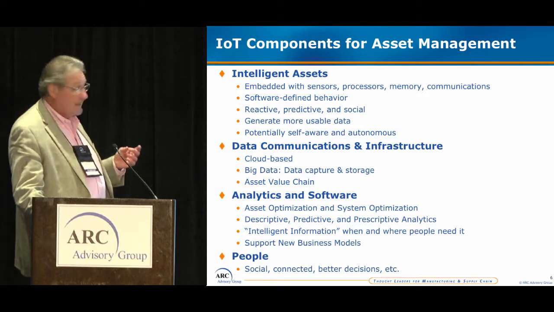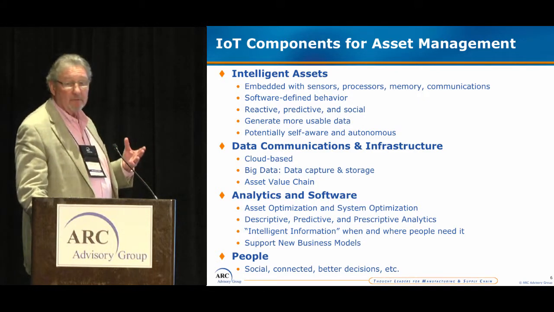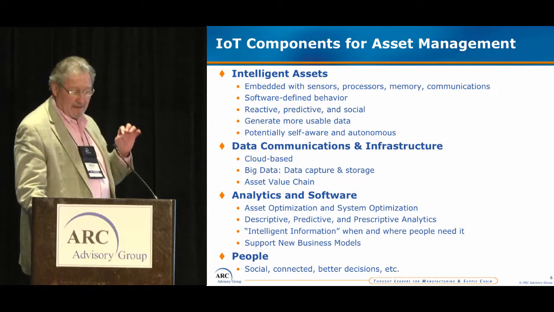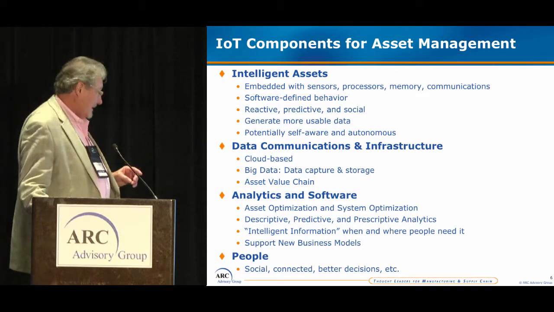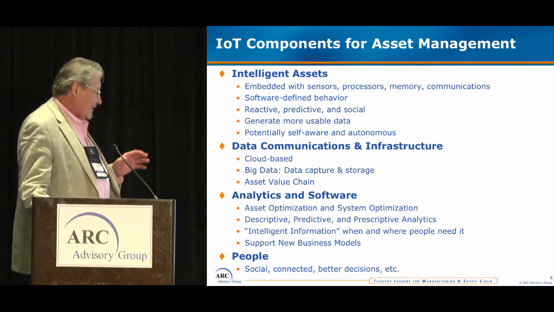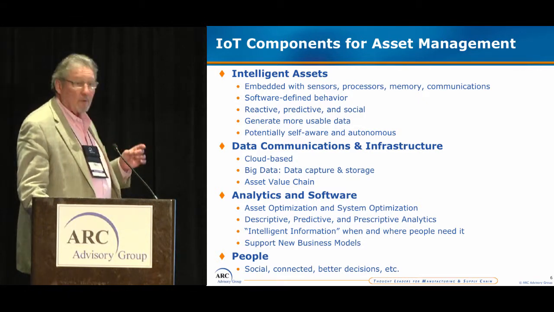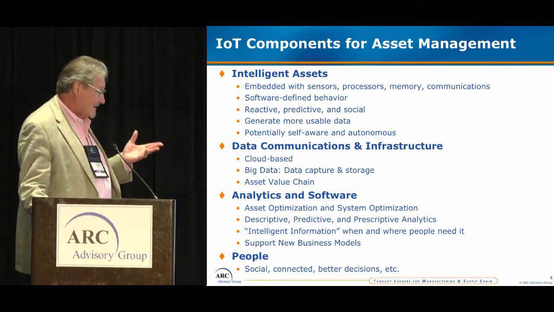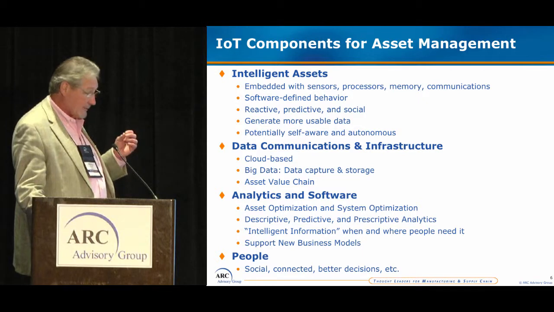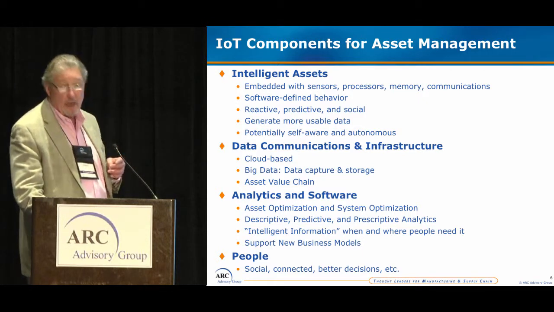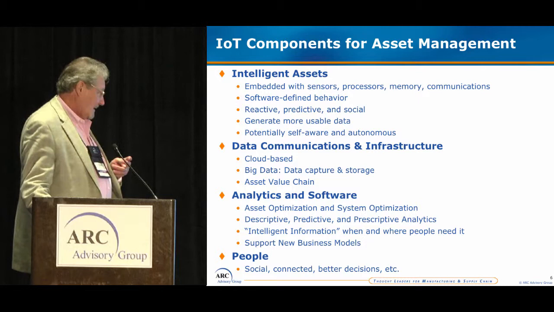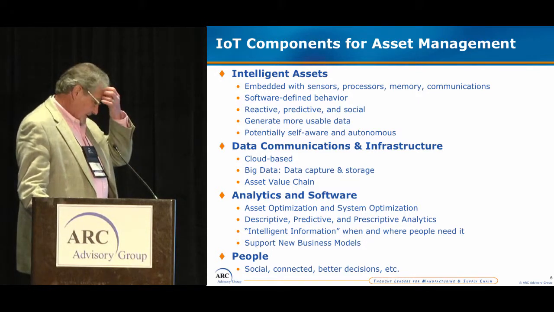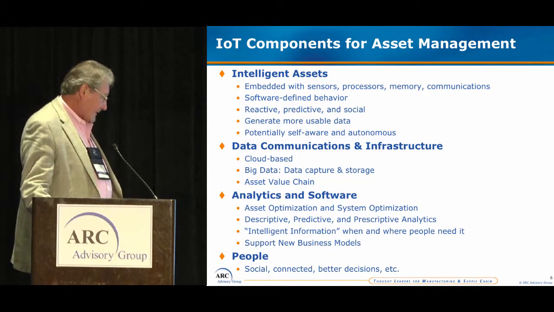It's reactive and predictive and even social in terms of the dissemination of the information. The notion is to generate more usable, more actionable data. And as I just mentioned, we're really looking toward getting to a state of potential self-awareness and autonomy. And of course, current technologies are going to support this to some extent.